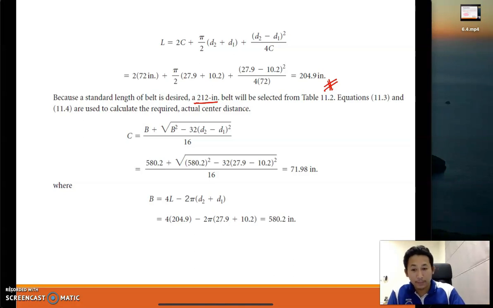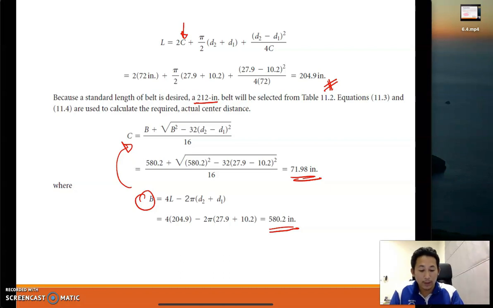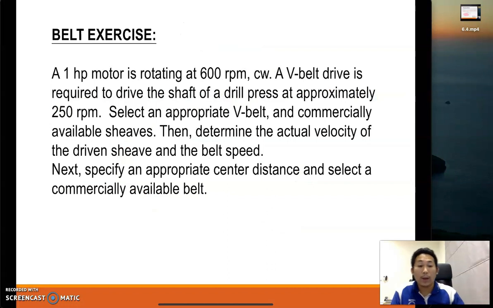Actually, we need to calculate B first, and then from the value of B, we put it in this equation, so we get C, and then we use C in this equation. Okay, use the equation.